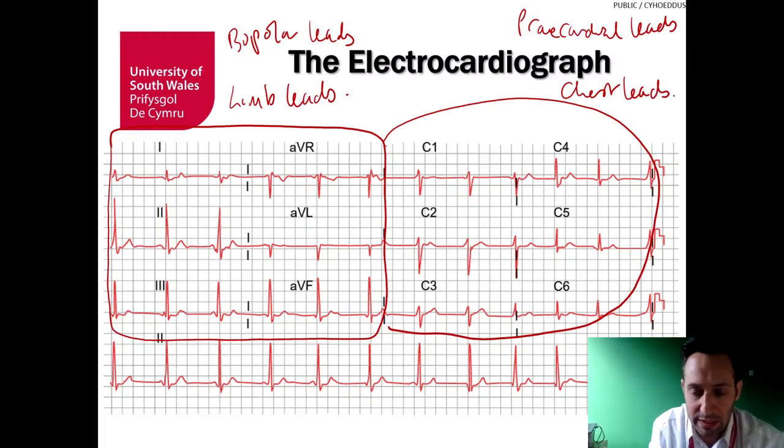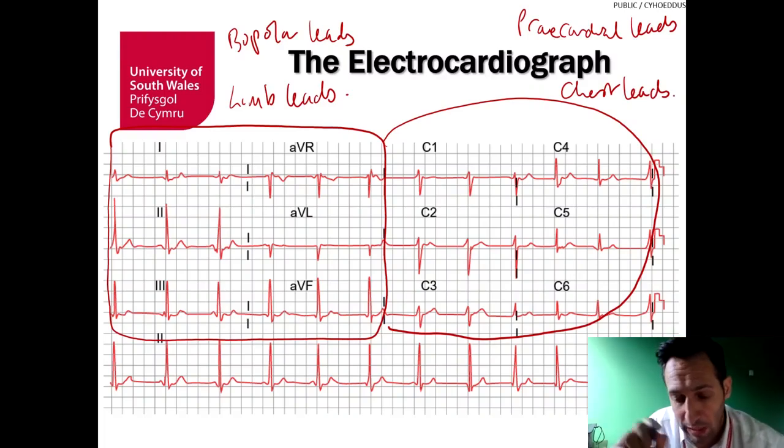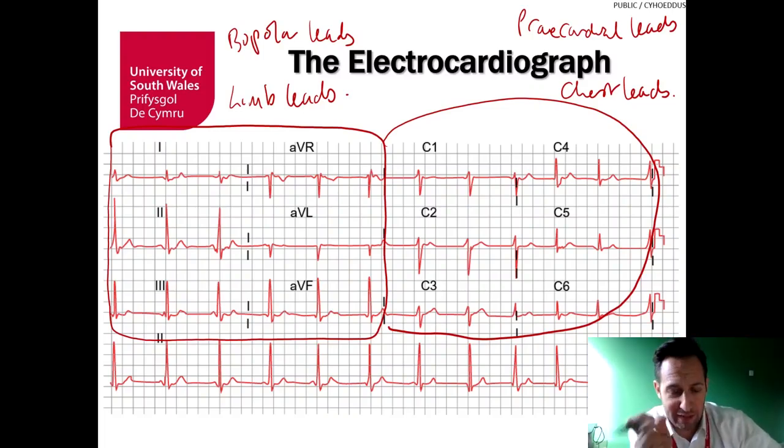These precordial leads are also something called unipolar. So they don't look across the heart, they look down into the heart.